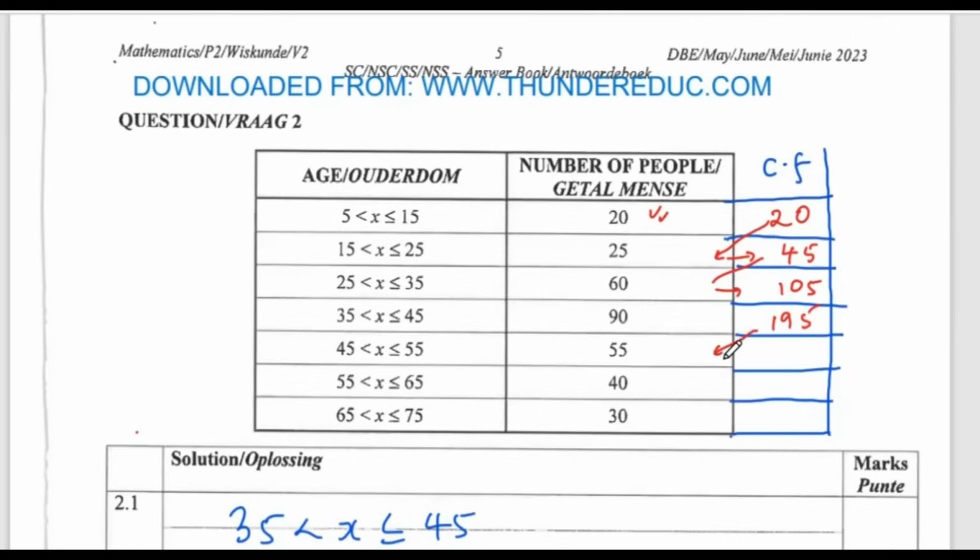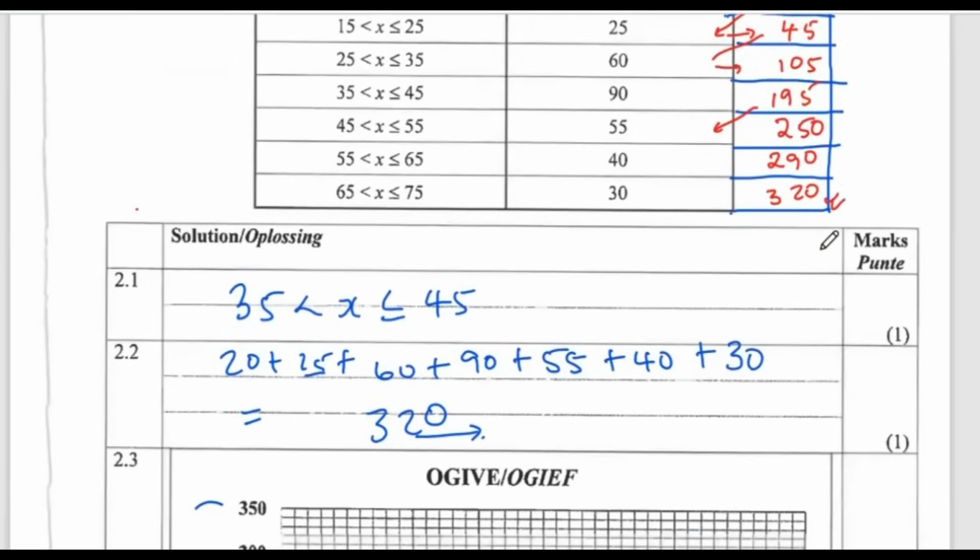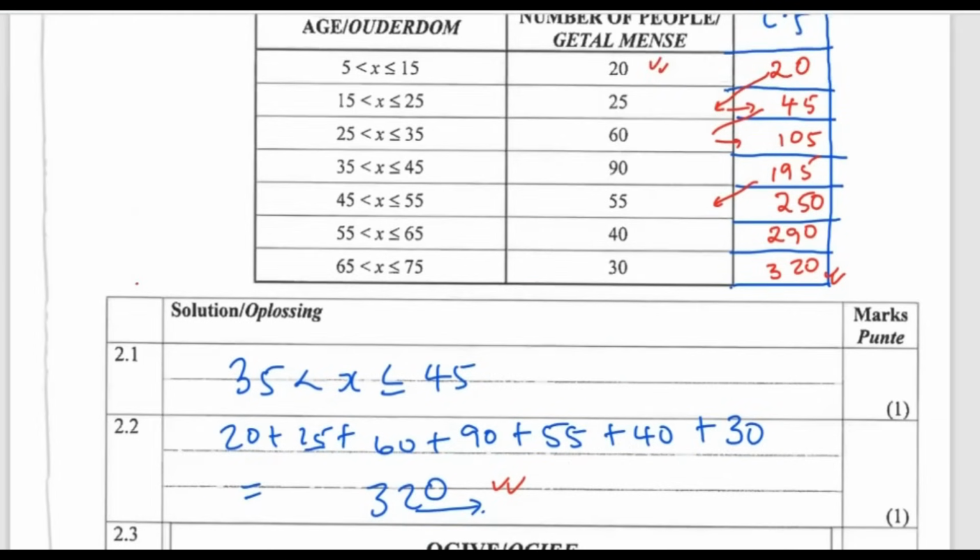Then 195 plus 55, I get 250. 250 plus 40, I get 290. Then 290 plus 30, I get 320. So the last cumulative must always correspond with the total number of participants, or your total frequency, which is correct now.